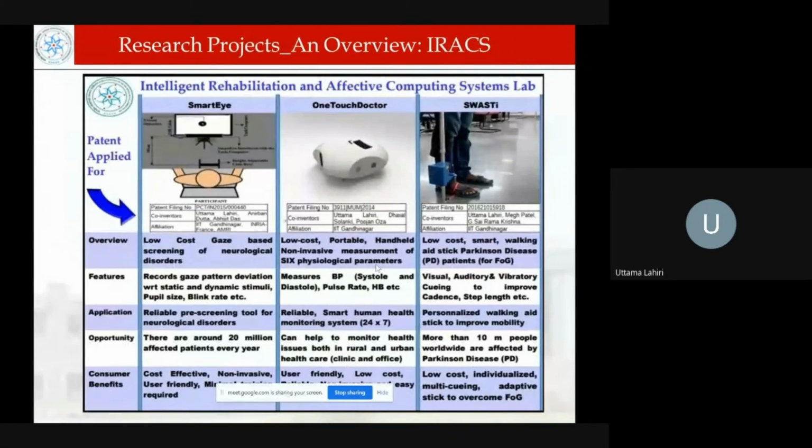We also came up with One Touch Doctor. It is a non-invasive near-infrared spectroscopy-based body vital measurement device, which can measure different parameters, particularly the hemoglobin, which is responsible for anemia. So without any prick of blood, we can compute the hemoglobin in a very non-invasive manner. Also, we have come up with different portable devices to understand the possibility of freezing in Parkinson patients.